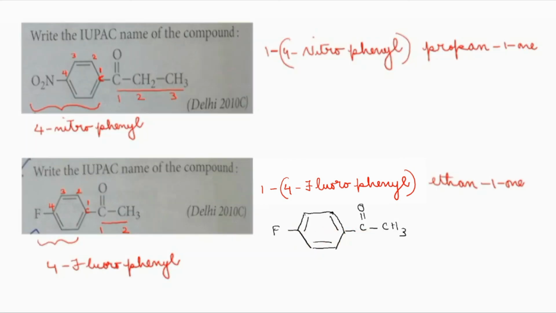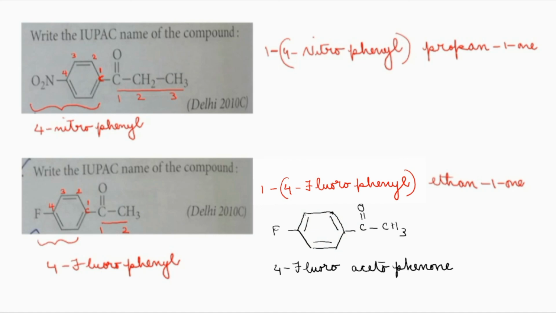About this compound, you should remember one more point. In your NCERT book, the name of this compound is written in one more way. What is that? 4-fluoroacetophenone. Why are we writing the name like this? The reason is that for this kind of compounds in which the benzene ring is directly attached to the keto group, we had written some common names in the previous page, right?